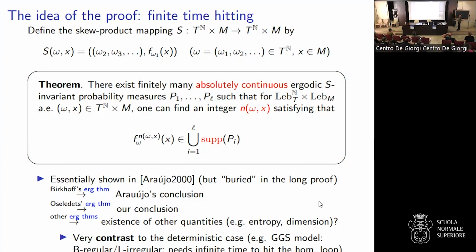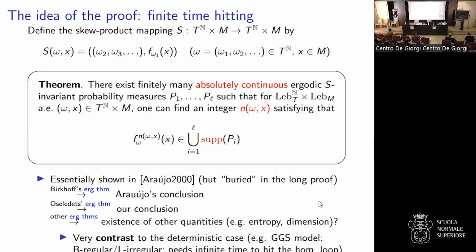Originally we had this kind of thing in mind, and we thought we needed to modify Araujo's argument. But his paper is like 60 or 70 pages. We read it carefully, which took one or two months, and we realized that everything was already written.